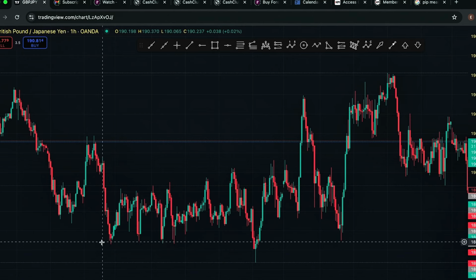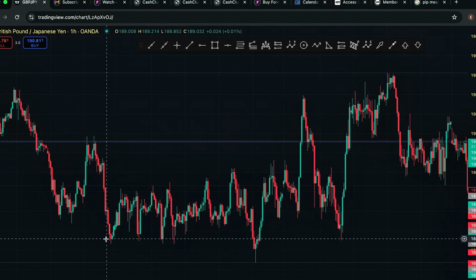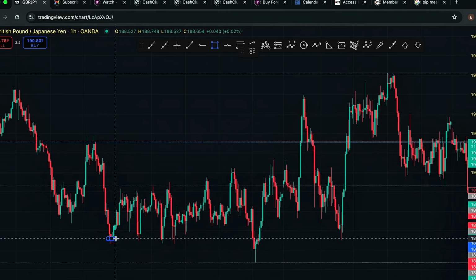Take for instance, I'm marking this particular candle. So I'll mark from the wick of the candle straight to whatever is showing there, down to where the wick ends. That's how I mark out my support zone.